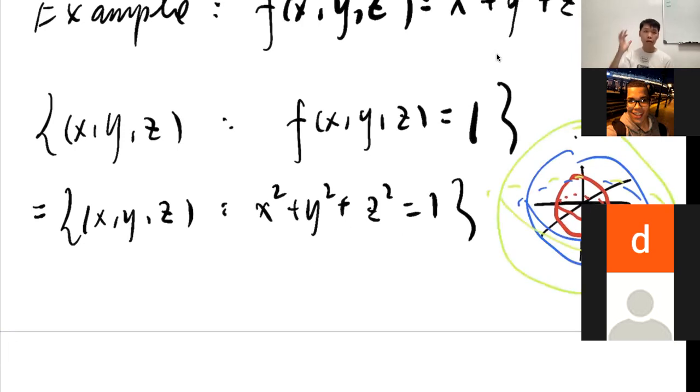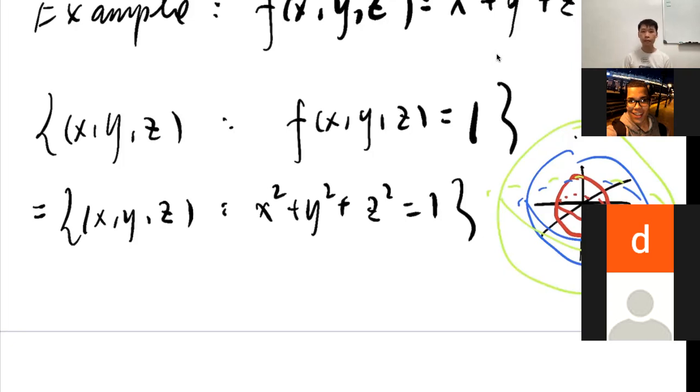So now the level surfaces are basically all the spheres in R3, right? Spheres of radius 1, 2, 3, 4, 5, etc. These form the level surfaces for this function f.